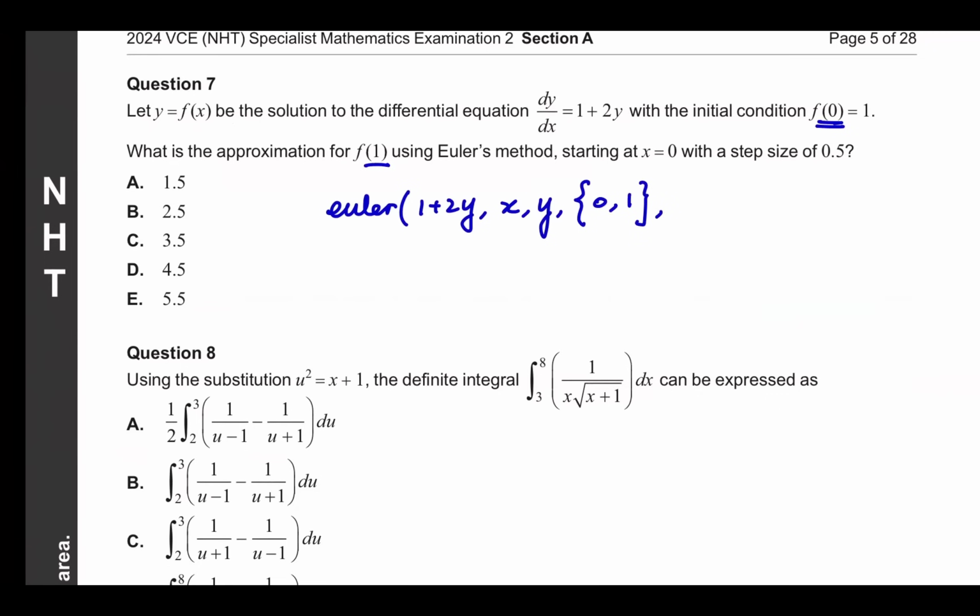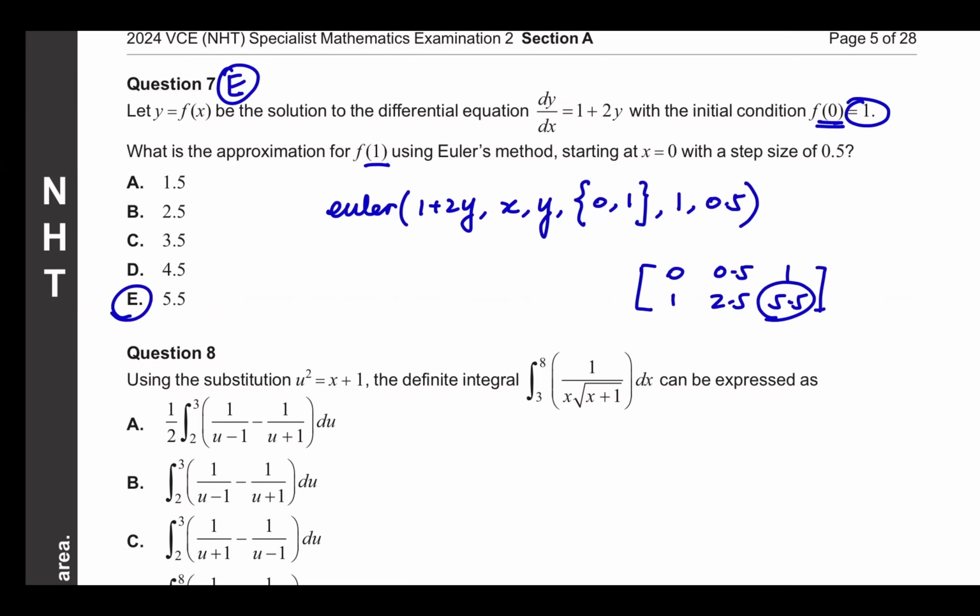And your initial y value is 1, step size of 0.5, okay? So on my CAS calculator, I should be able to get something like this: 0, 1; 0.5, 2.5; and 1, 5.5. So this is my final y value using Euler's method.